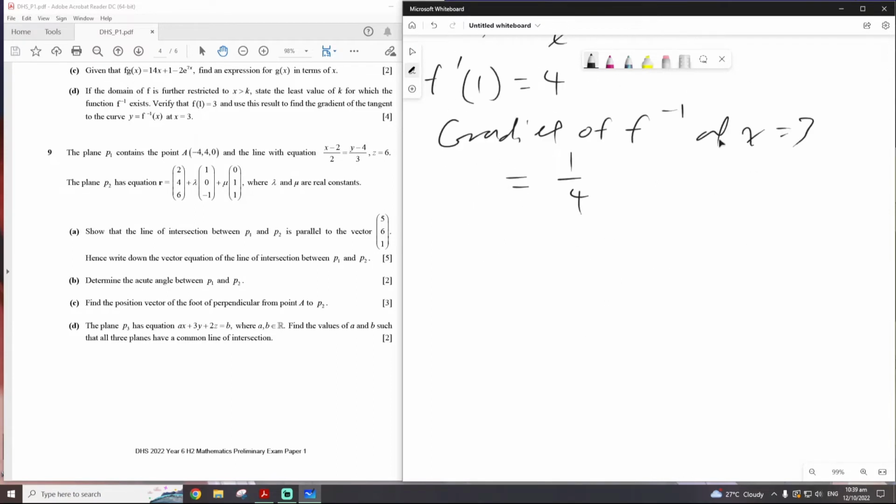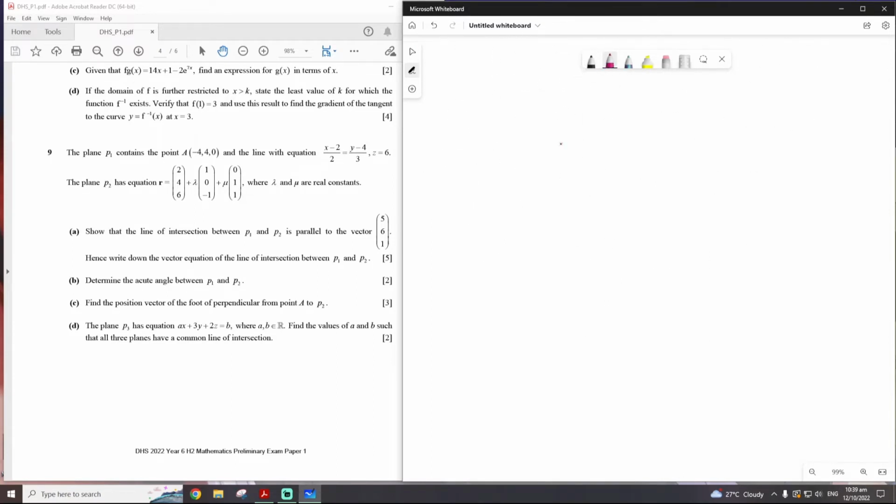Question 9 is vector geometry. Okay, we have a point and a line, and they both are contained in the plane P1. So of course it's good to rewrite your Cartesian equation of the line into the vector equation form.